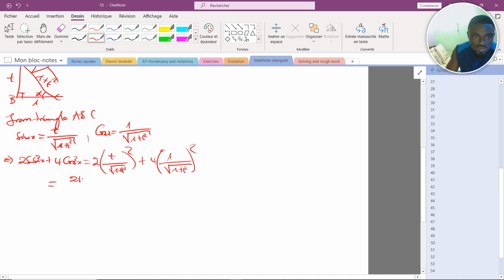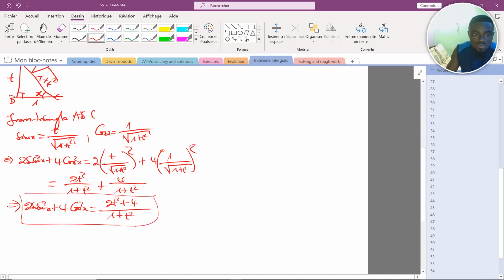So this makes 2t squared over 1 plus t squared, plus 4 over 1 plus t squared. So 2 sine square x plus 4 cos square x will be equal to 2t squared plus 4 all over 1 plus t squared. So we have found this already.